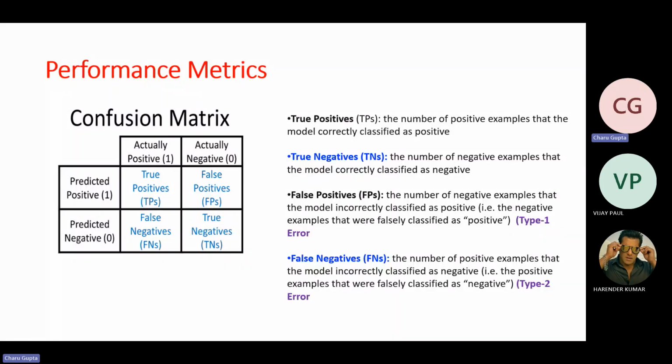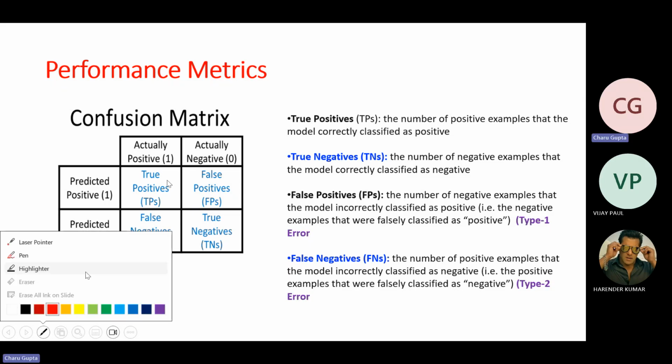This confusion matrix is basically an evaluation method. What we are predicting and what we are observing. Okay. So we draw it in the form of a matrix wherein we have four cells.